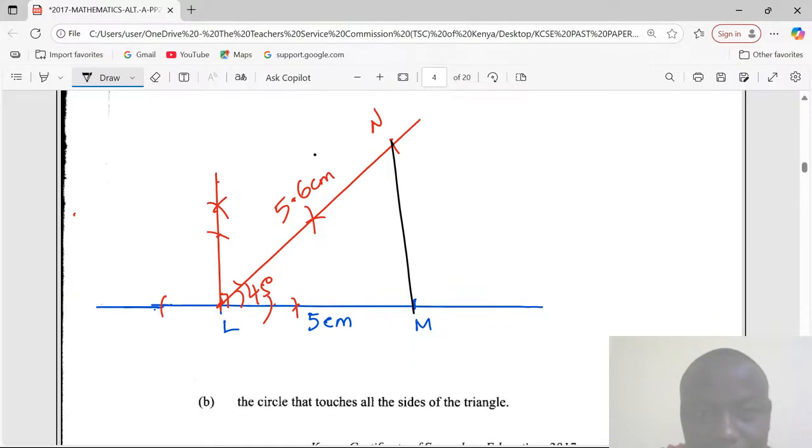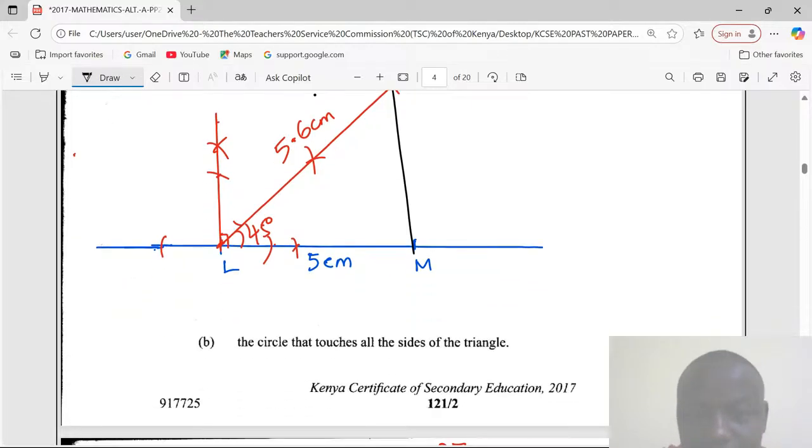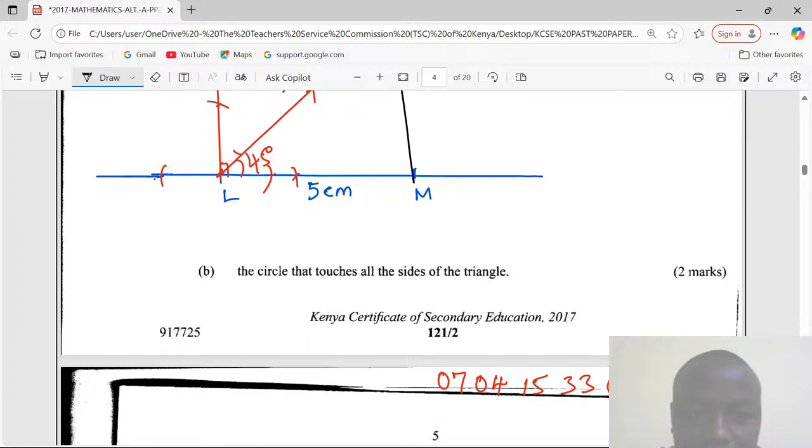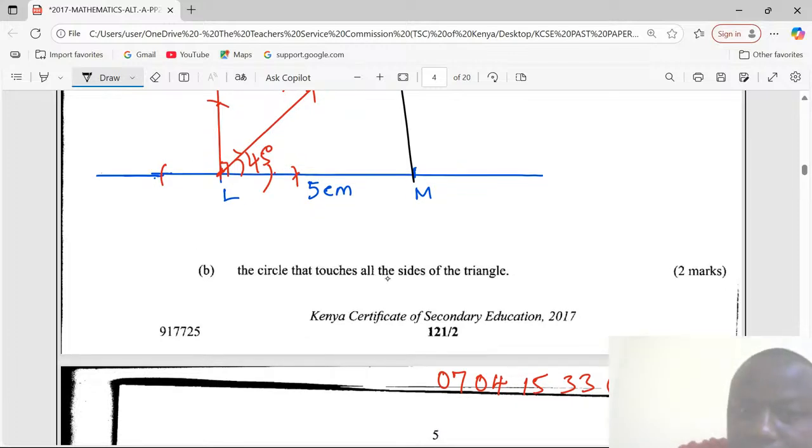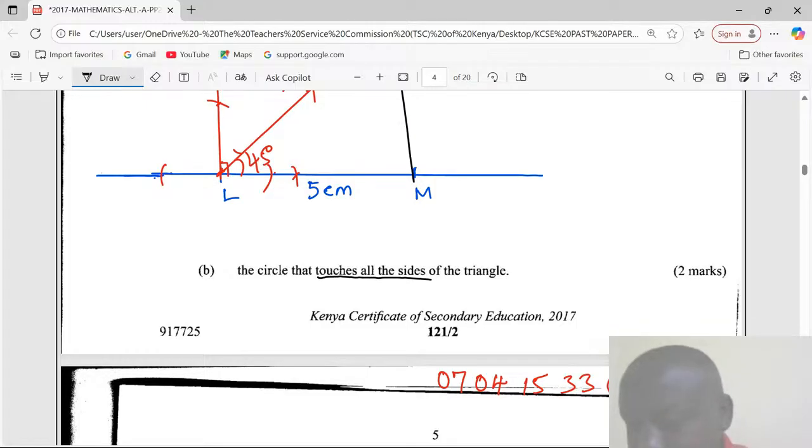After that, we already have our triangle. Now we need a circle that touches all the sides. Remember, you can also be told at some other point by the examiner to ensure that your circle touches the vertices.